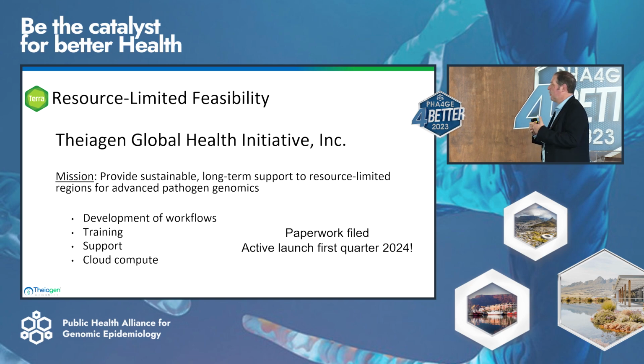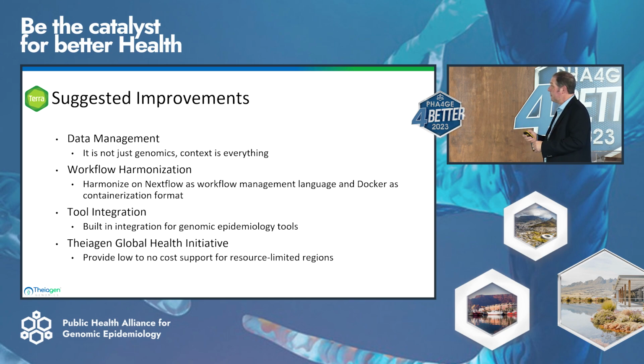If we can start pooling resources and provide just access to that without them having to set up those relationships, and then help them with the development of their workflows, that training support and cloud compute, I think this could be a really viable method for at least starting that sustainability for pathogen genomics in low resource settings.